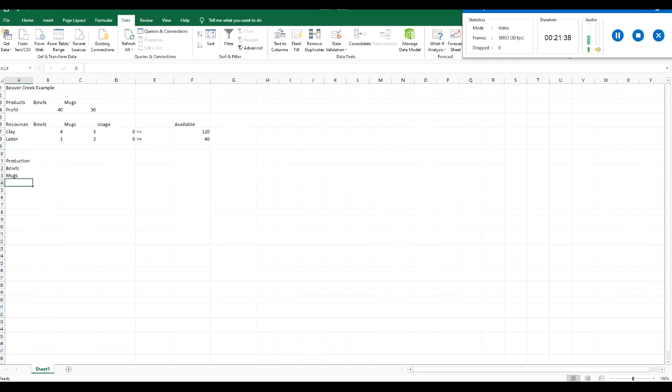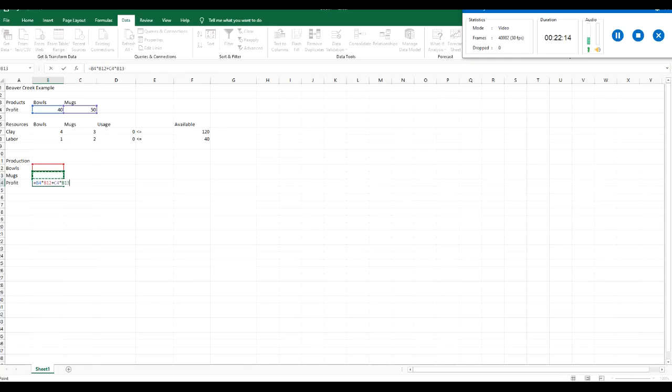So we're going to come down here, and our ultimate goal in this situation is to determine our profit. This is again where we have to understand the basic idea of profit. How do we calculate profit? Very simply, profit is equal to our profit per bowl times the number of bowls plus our profit per mug times the number of mugs.